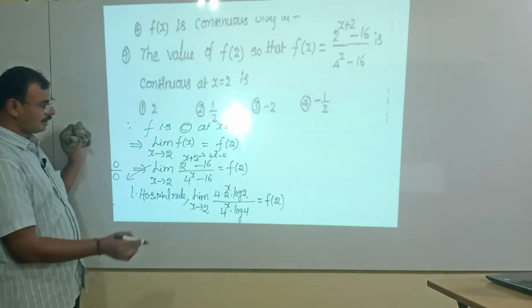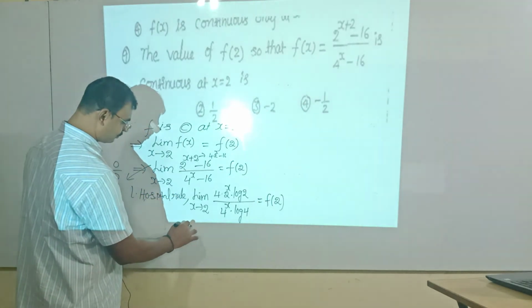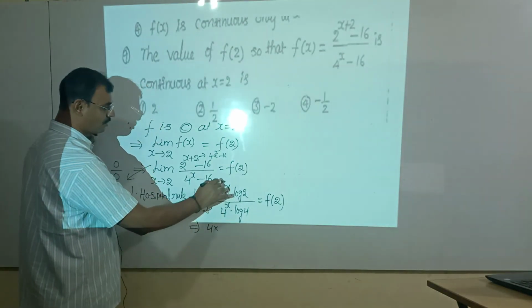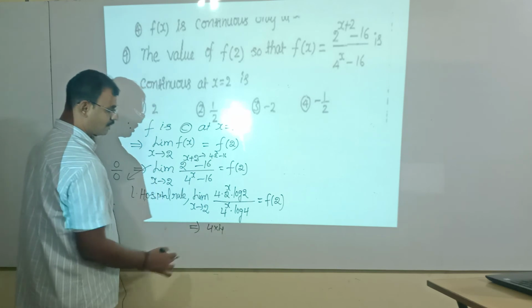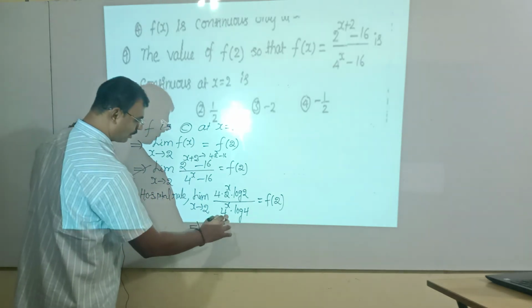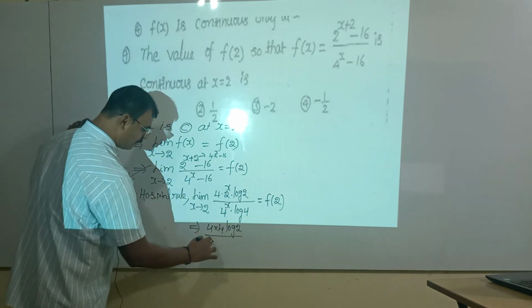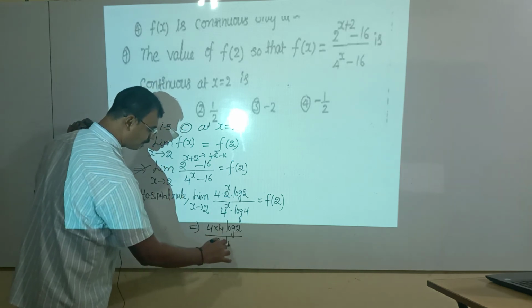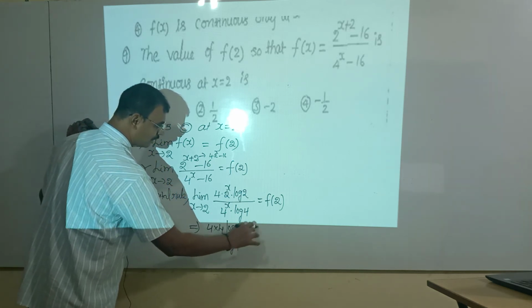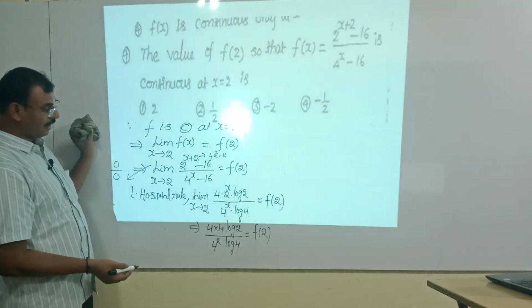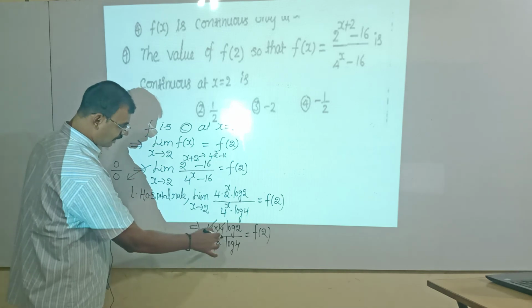Now apply x tends to 2. So 4 into 2 square, that is 4. 4 into 4 log 2 divided by 4 square log 4 is equal to f of 2. 4 square value 16, 16 cancel.